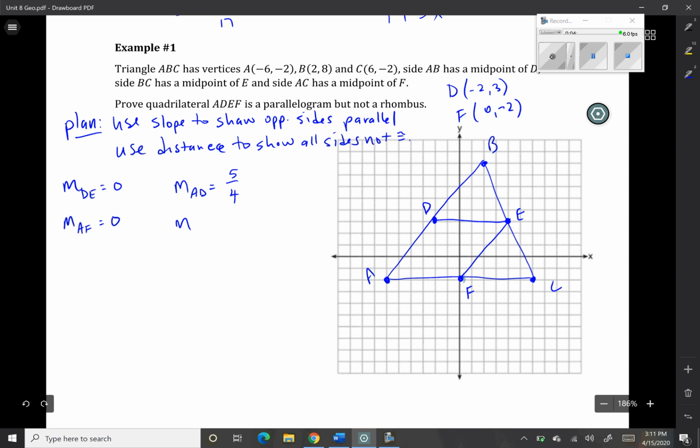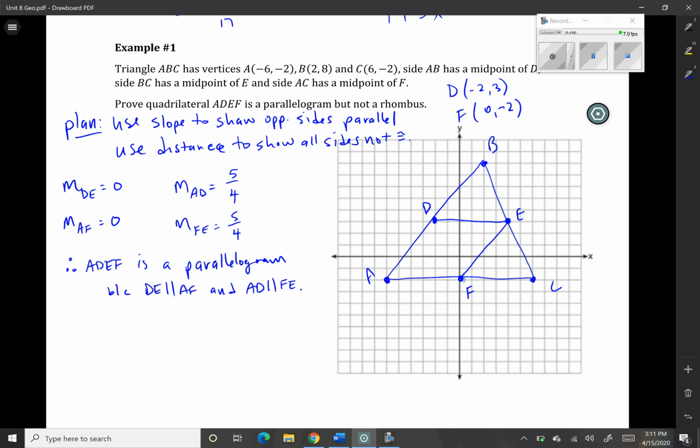And the slope of FE is also 5/4. Because the opposite sides have the same slope, I could say, therefore, ADEF is a parallelogram because DE is parallel to AF and AD is parallel to FE.